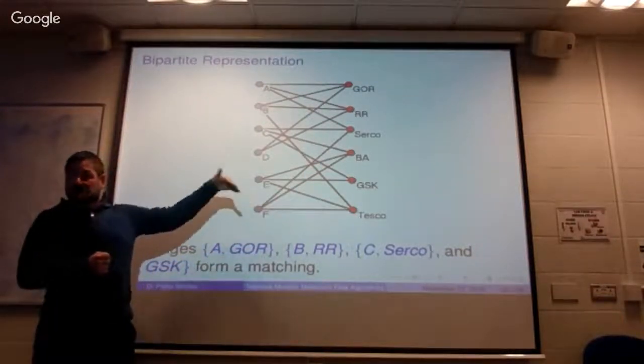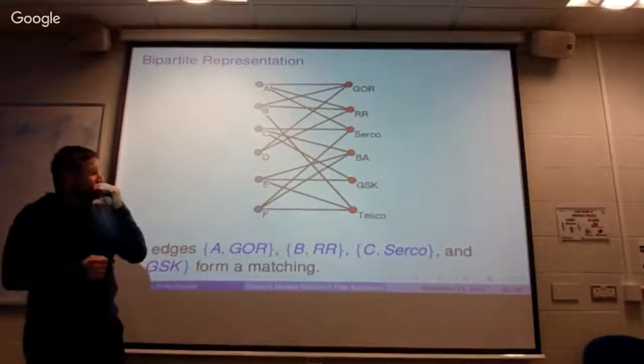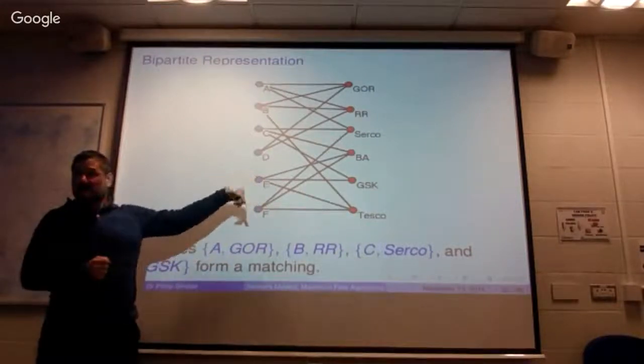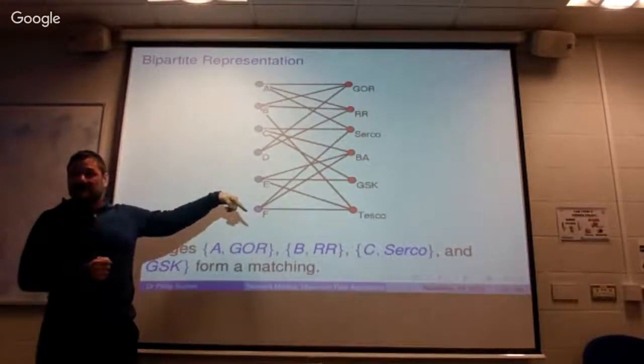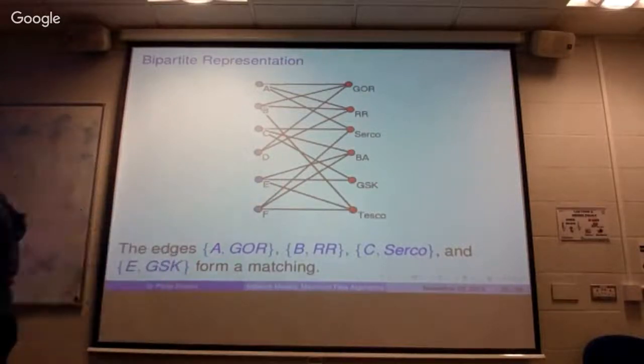So you're trying to maximize the number of edges. But no student can be assigned more than one of the projects or employers, and a project can be assigned to only one of the students. So that's the question. Is the question clear?